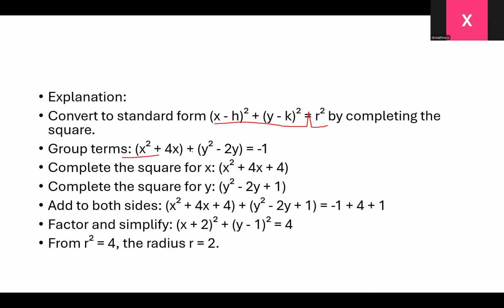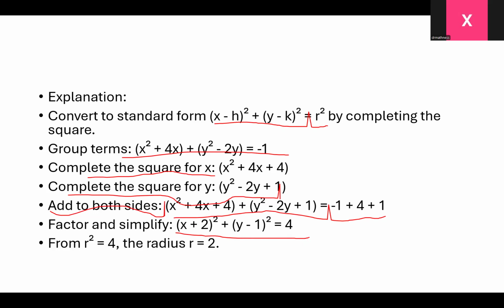And then we can group all the terms in our equation. We can complete the square for x and complete the square for y, right? And we can add to both sides to get a new transformed equation, right? And we can factor and simplify it by writing it in this form. So this is the standard form of the circle in the xy plane.